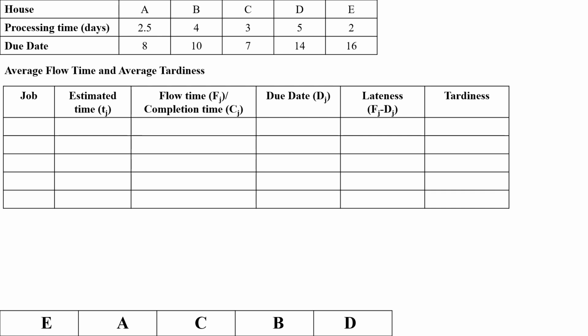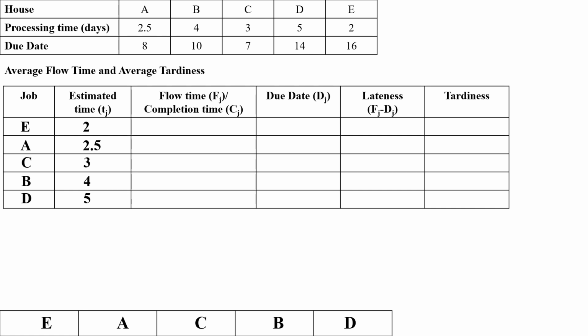So first I go for the first column, which is the job. I write down the jobs according to the sequencing order. Here the sequencing order is EACBD. So write down in the job column according to the sequencing order. Next we write down the estimated time in the second column.